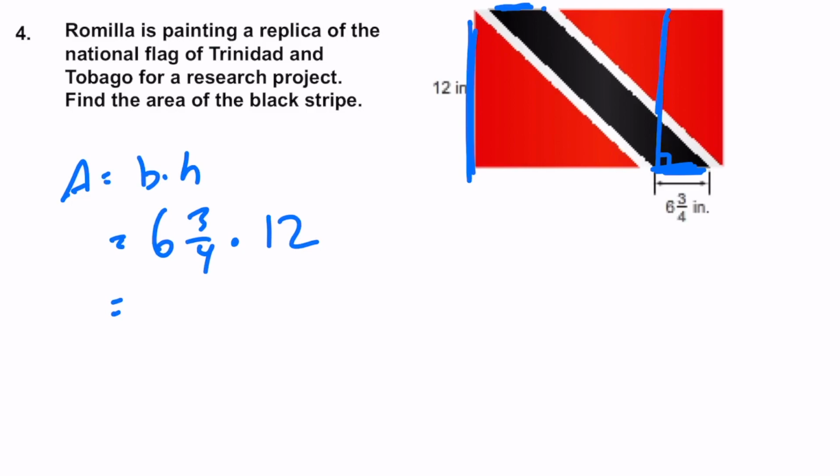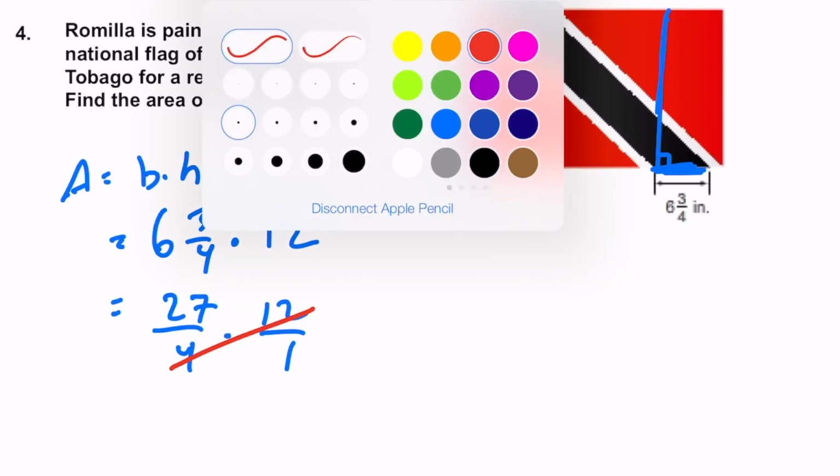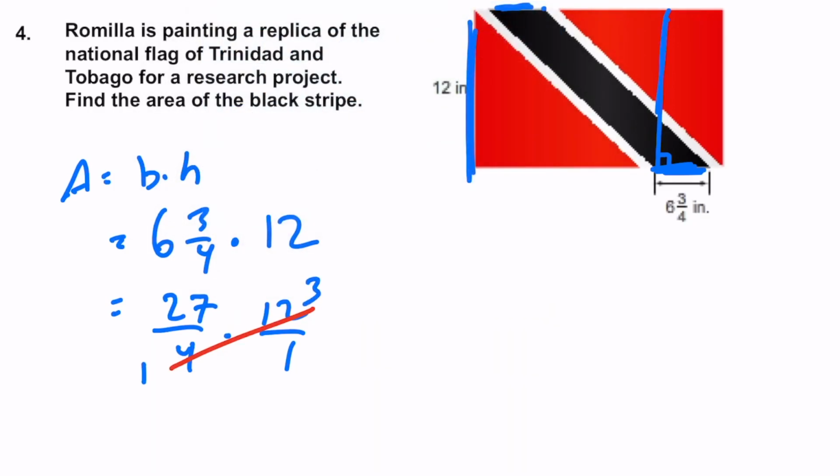So this is 4 times 6 plus 3, which is 27, over 4, times 12 over 1. I'm not going to multiply 27 times 12. I'm actually going to cross cancel here. This is 1 and 3, and now I just have to multiply 27 times 3, which I think is 81. So 81 inches squared.